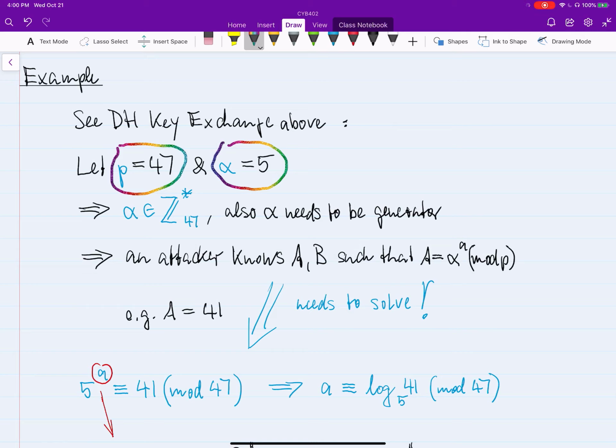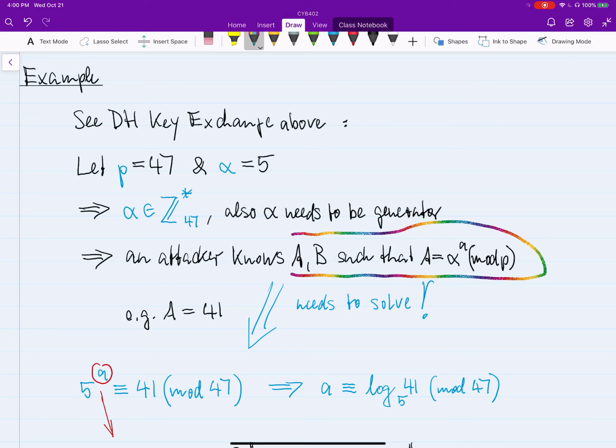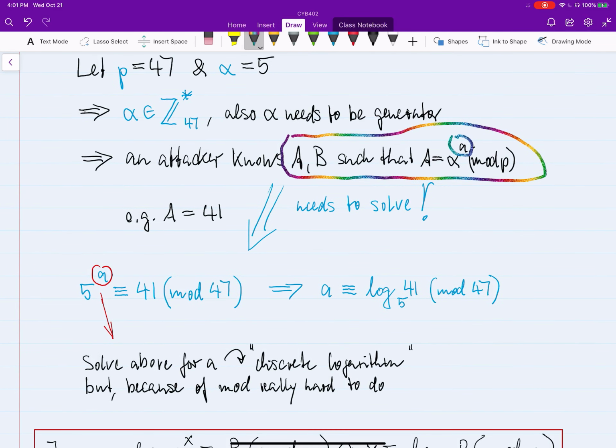So if an attacker knows capital A, capital B, such that, for instance, A is congruent to alpha to the power of small letter a modulo P, and he can figure out what that small a is, then the attacker could solve this equation here.